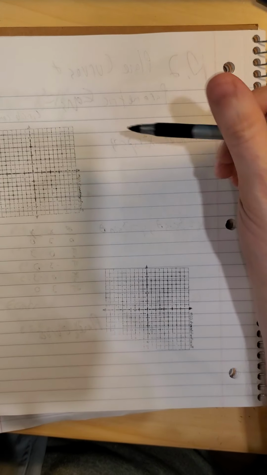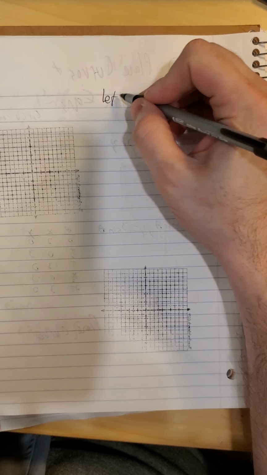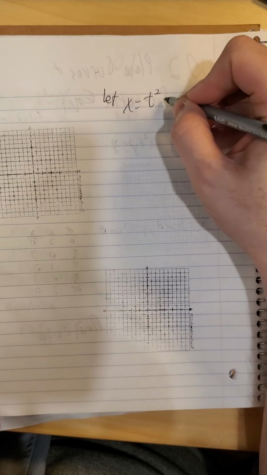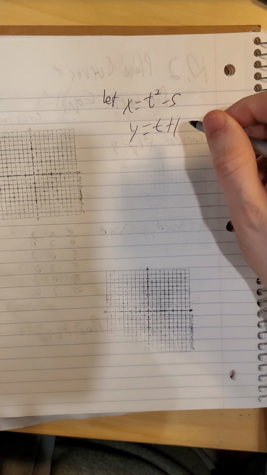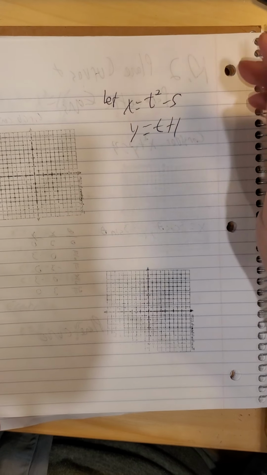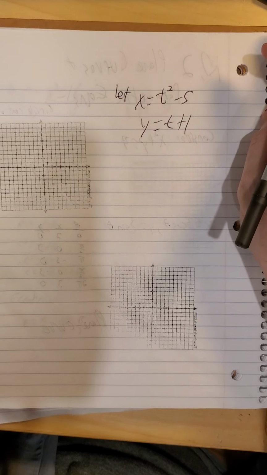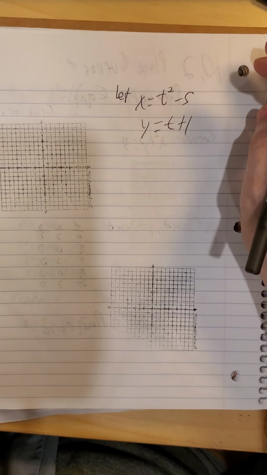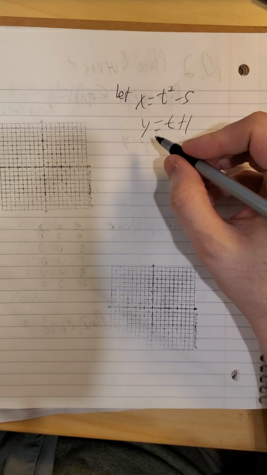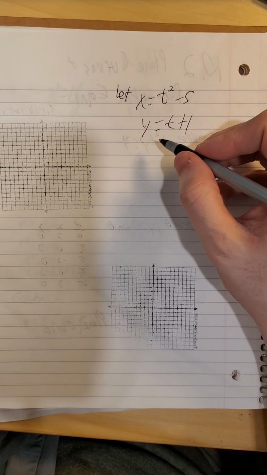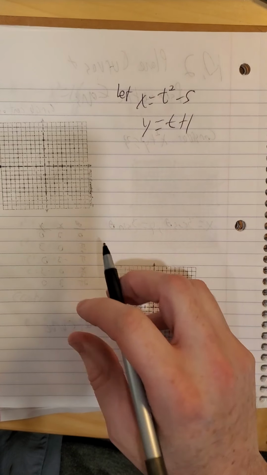Next one, we're going to let x equal t squared minus 5, and y will be t plus 1. So time and angles are the two kind of more common third variables to use. So we'll just try out sort of a handful of values here.